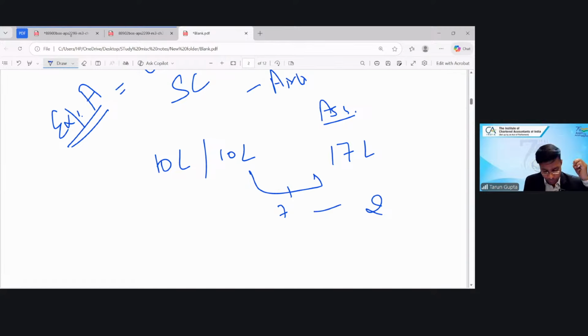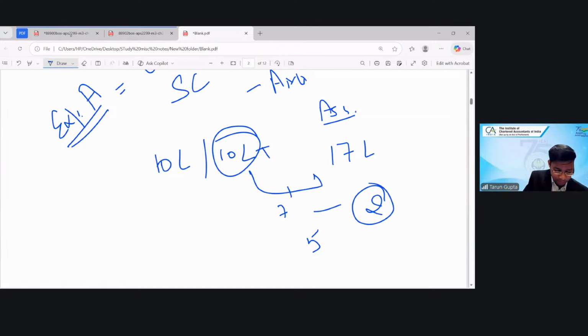So on this 2 lakh, no penalty should be levied because this is not a part of underreported income. So my underreported income is only 5 lakh. So how will I compute the tax? I will compute the tax on the income as determined in the intimation plus the underreported income, plus 5. I will compute the tax on 15 lakh.